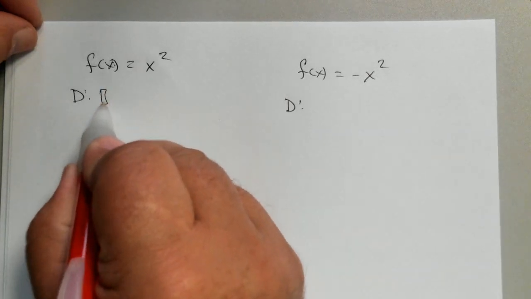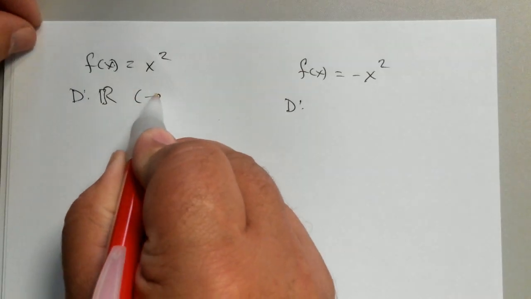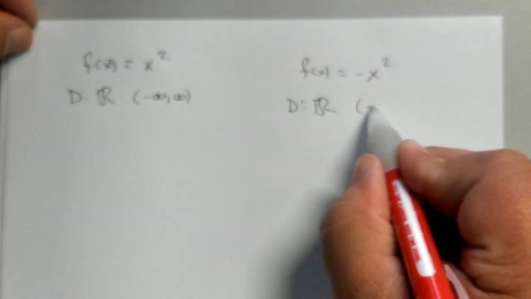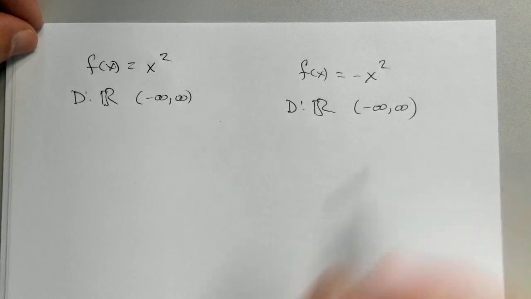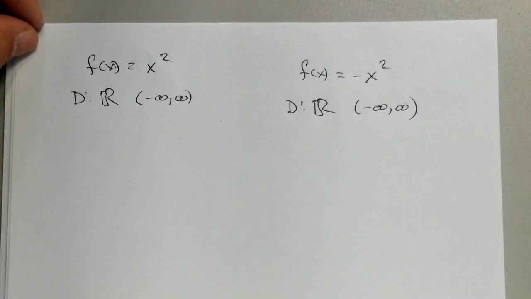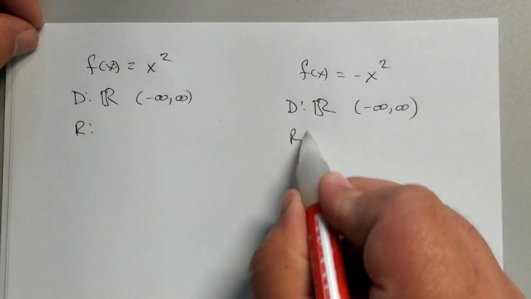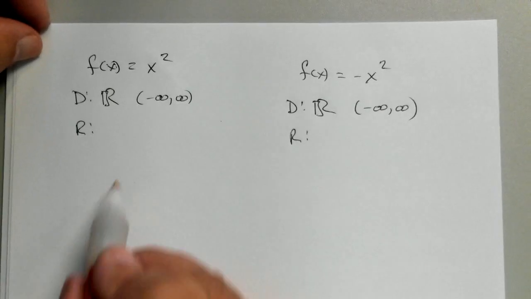All real numbers. From negative infinity to positive infinity, both of them. The range of these functions. Well, let's just look at the graphs.